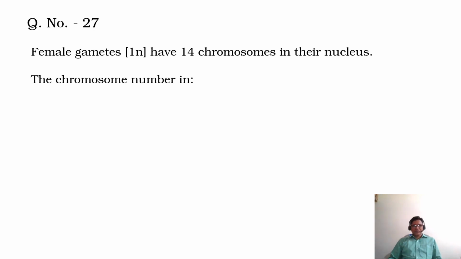The synergid is 1n, haploid, so 14 chromosomes, the same number as the female gamete.